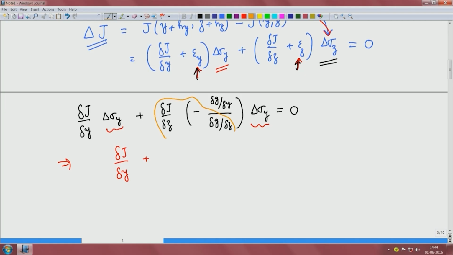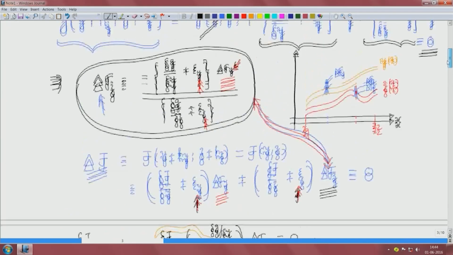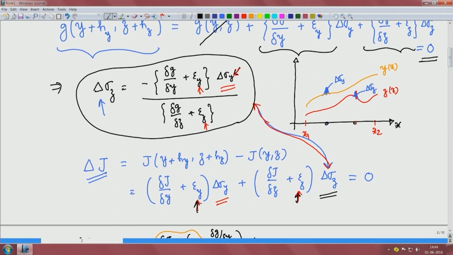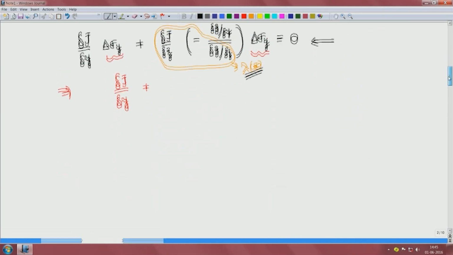So, this whole thing I would call lambda of x. Earlier it was a capital lambda and we said it is an unknown constant, where now we are making it an unknown function. That is because whatever we have written is valid for all points in the domain, because the point that we chose, this point here or here, we could have chosen anywhere. So, this should be true for all points in the domain.